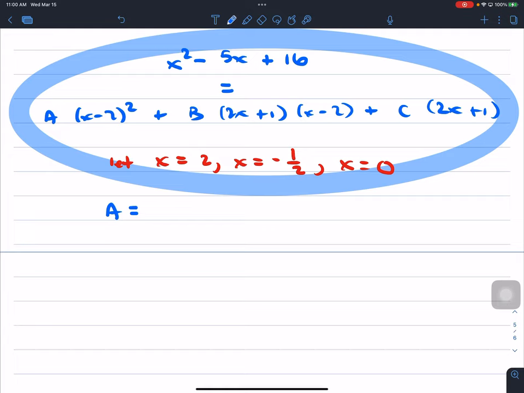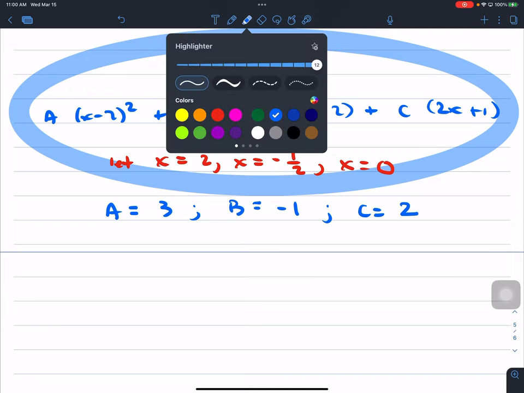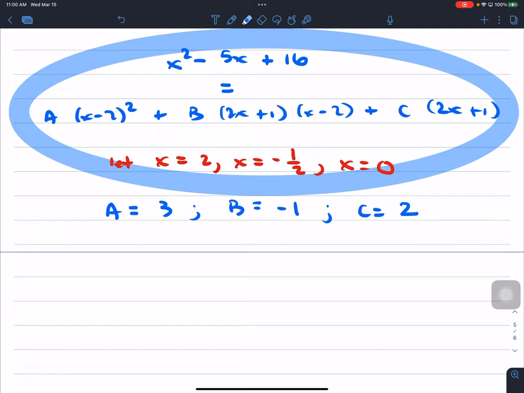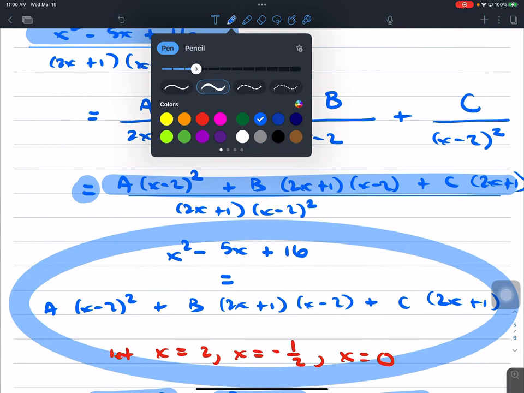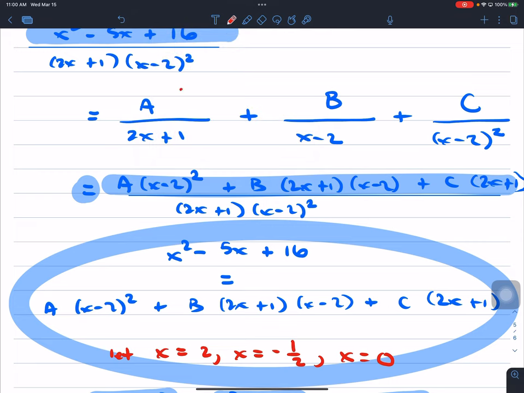So here's what's going to happen if you guys let x be these numbers. I'll tell you what you get for A, for the sake of time. A is going to be 3. Your B value is going to be negative 1. And then the C value is going to be 2. Okay? Three, negative 1, 2. So you go back up here and say, oh, 3, negative 1, 2. Okay?